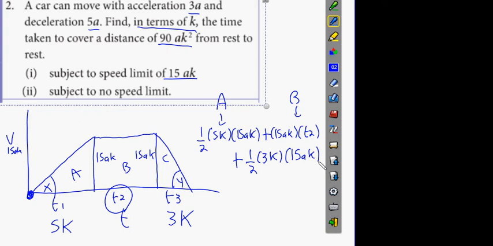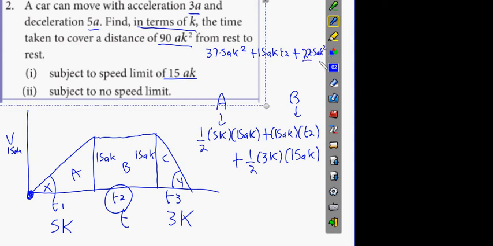Alright, that's 37.5ak squared, a half of 75. The next one's still 15ak T2. The third section is going to be 22.5ak squared.